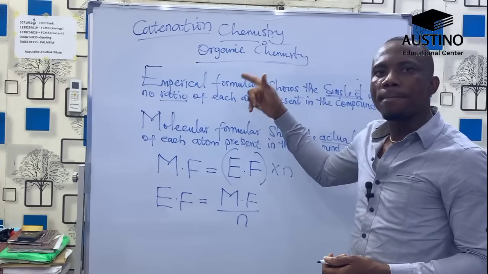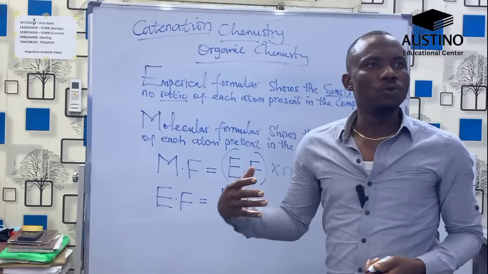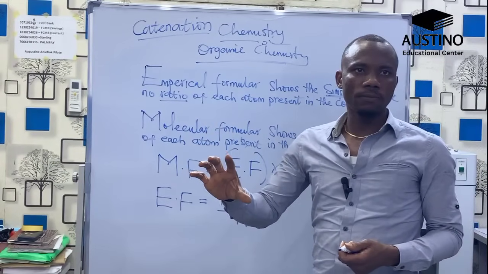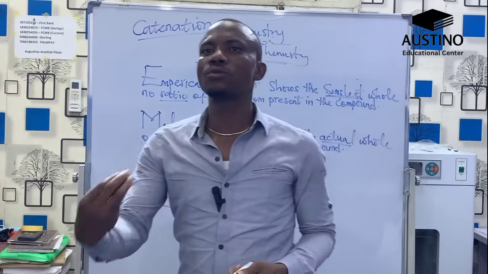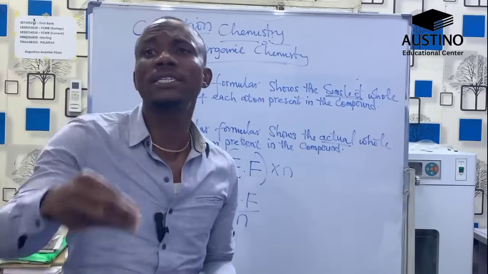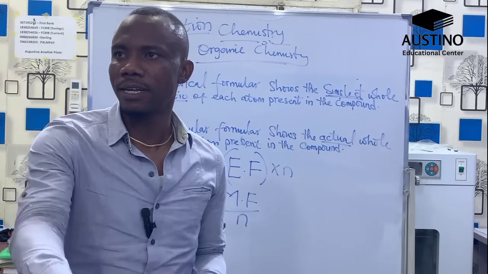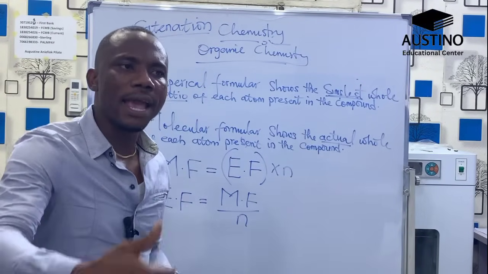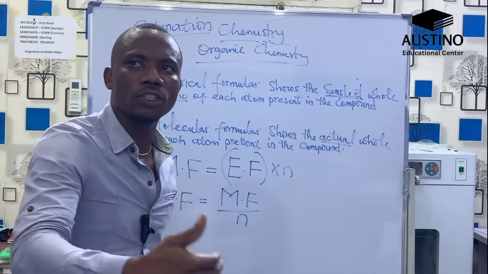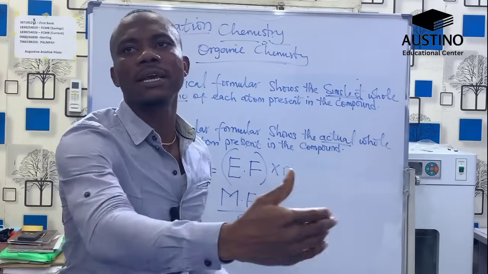Empirical formula simply deals with the simplest whole number ratio, meaning the smallest, of each atom. Some texts say each element present. So each of the elements in the smallest form can be calculated and determined.